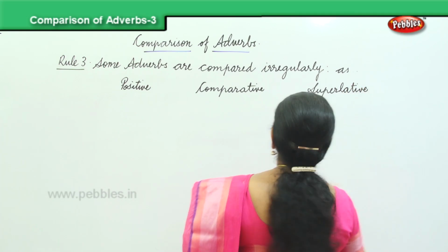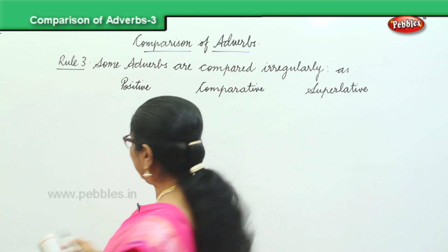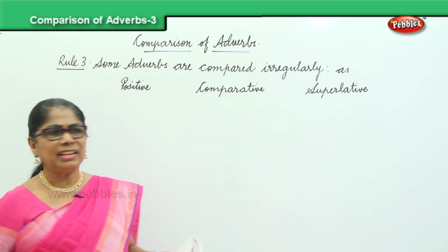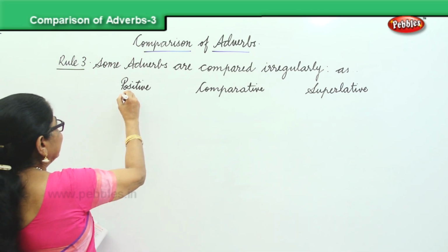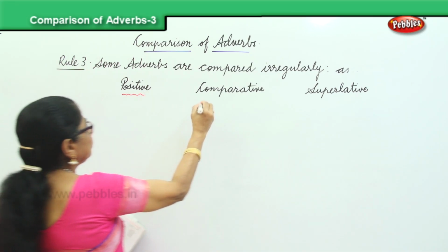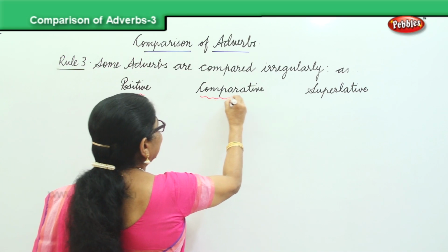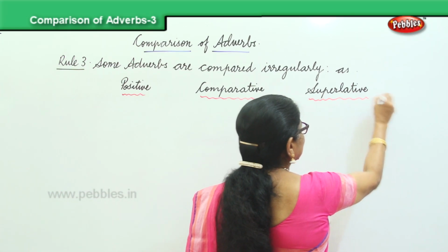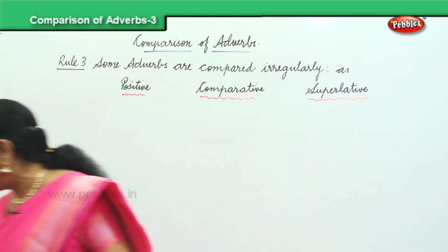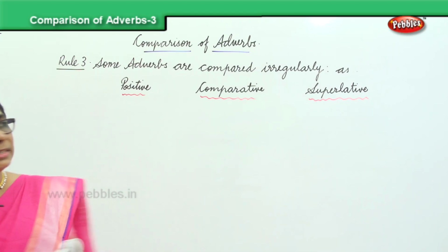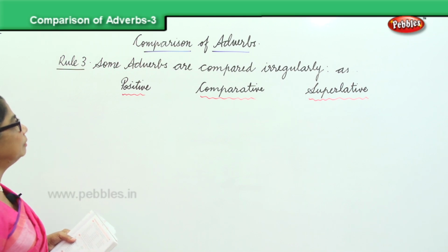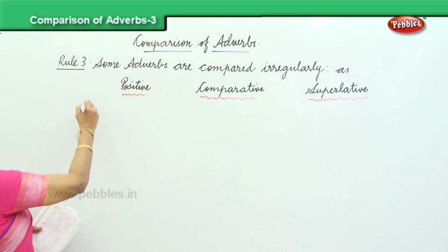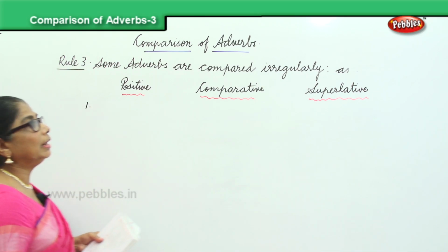So they say some adverbs are compared irregularly, not regular. All spellings are different. So we've got to be very, very careful. So the 3 degrees of comparison are positive, comparative and superlative. And here are some examples for you. They are all irregular.